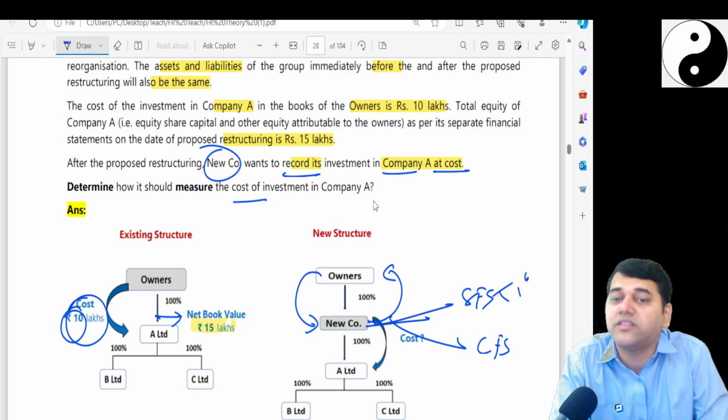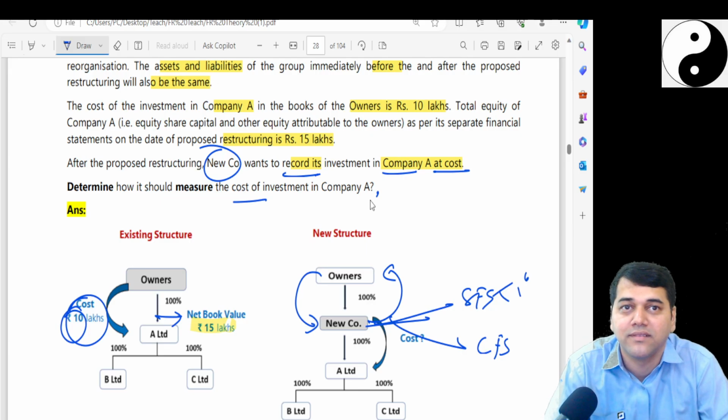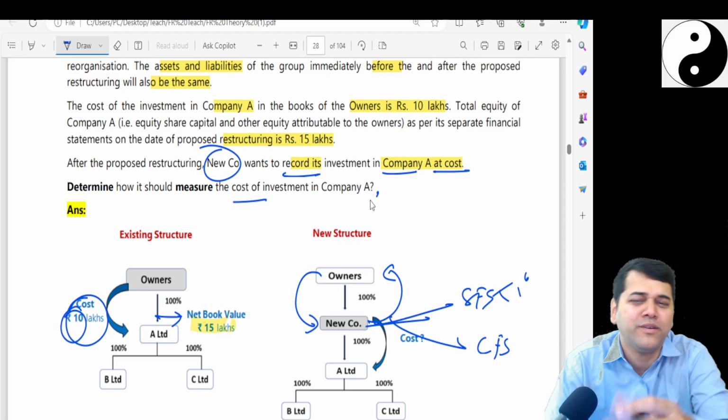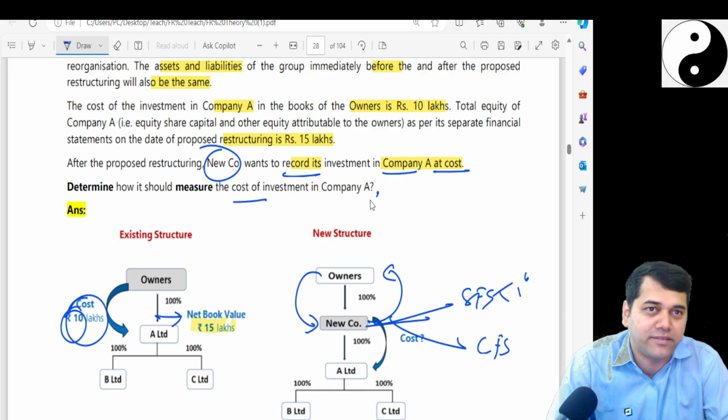Question is, what is the cost of A? 10 lakhs or 15 lakhs? Understood the question? That's what. It's a very small, simple thing. It may come for exam.